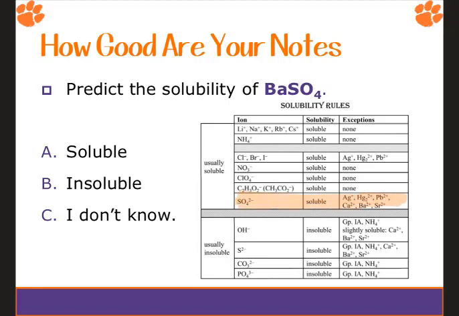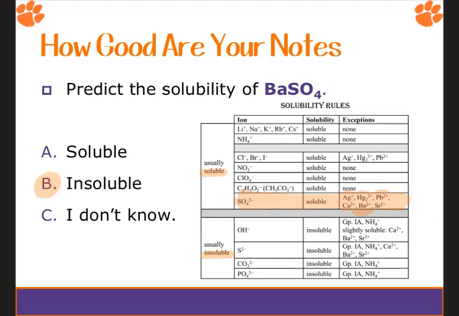So let's take a look at those exceptions. So we have silver, mercury, lead, calcium. Oh, look, there's barium. So that means barium sulfate would be insoluble. All right. So if it's in the soluble category, but it's in the exceptions, that means it's insoluble. If it's in the insoluble category, but it's an exception, that means that it is in fact soluble.